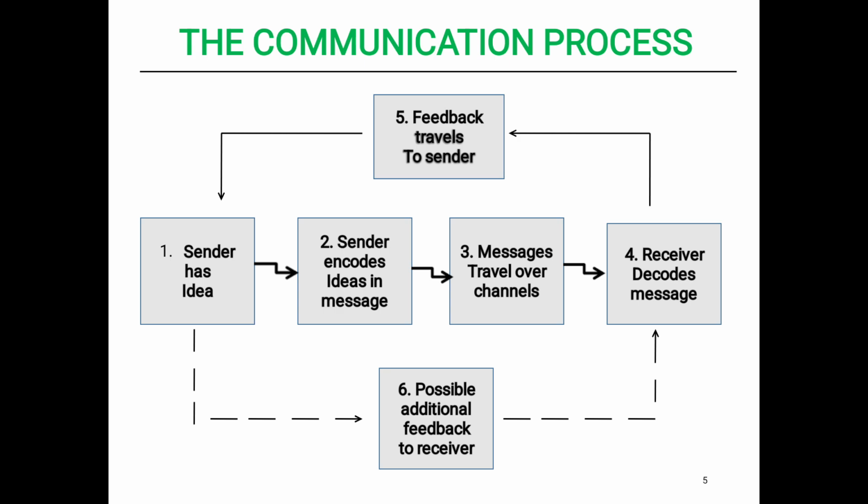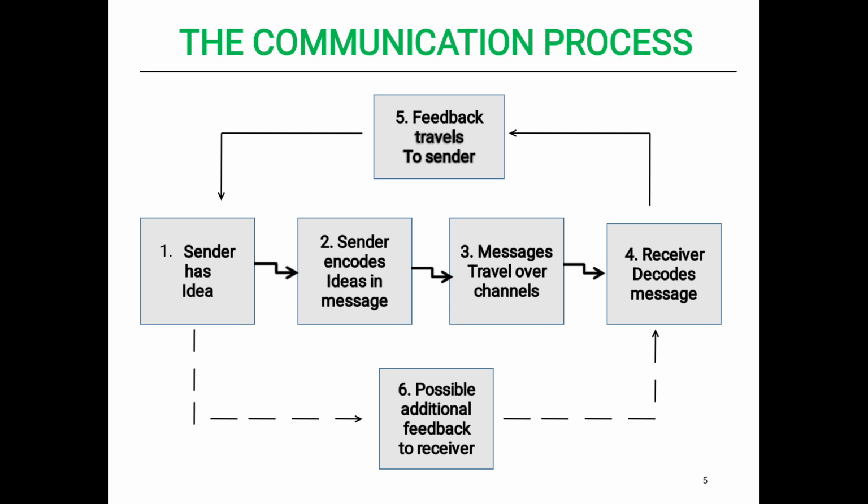We cannot move randomly. For example, we cannot start with step 2 first, ignoring step 1, or place step 2 at the end where step 5 comes. When we follow these steps in a proper way, in a certain order, we are actually doing a process. So communication, as I said, is a process in which there are certain steps.